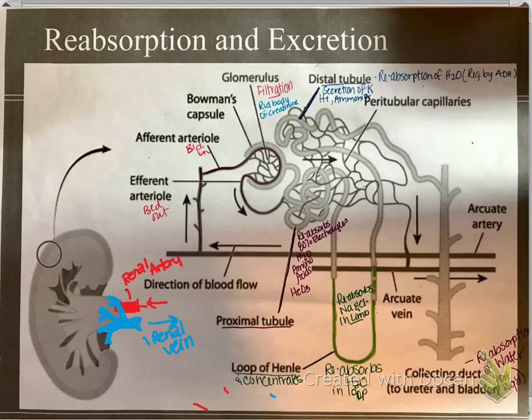And just remember that the collecting duct is reabsorption of water. ADH is required, the antidiuretic hormone, remember we talked about how it is key in this, and it's the collecting duct, so therefore your water goes to your ureter and your bladder. So think about it, you've got a very intricate system here where you've got blood going in, things being filtered, and then going back out into the body.